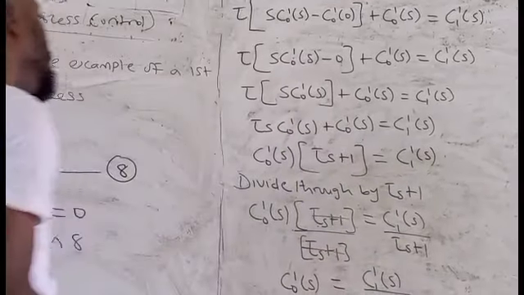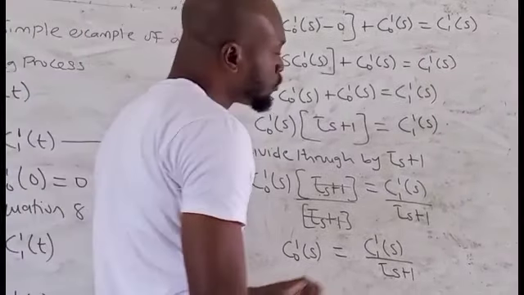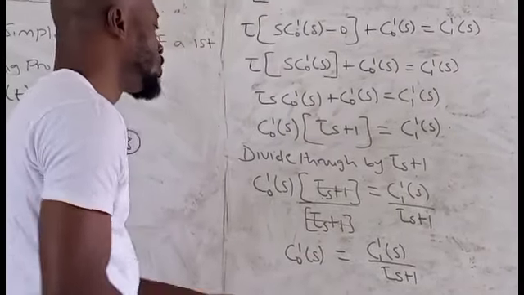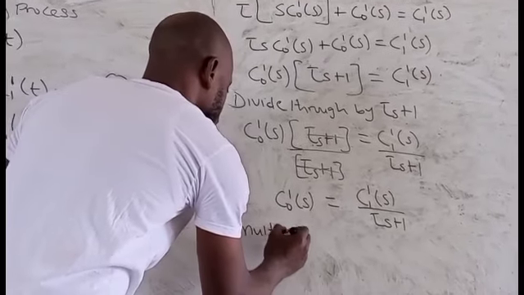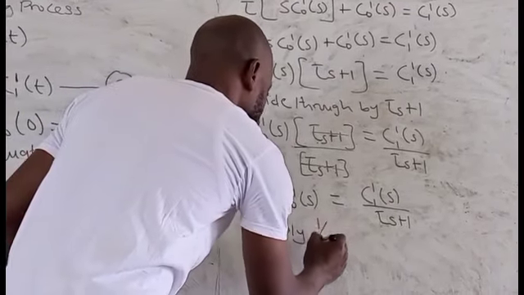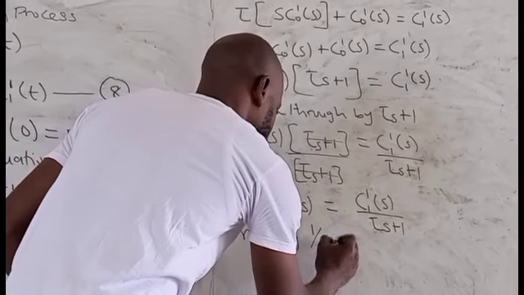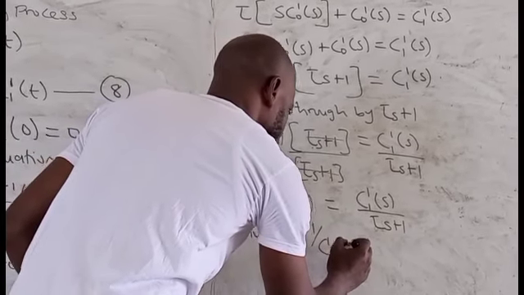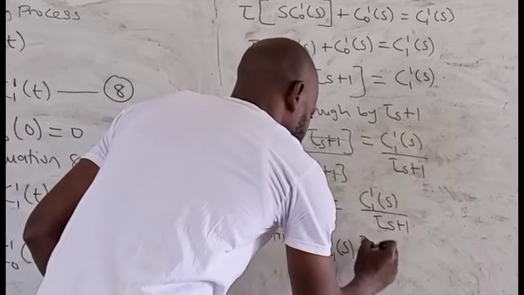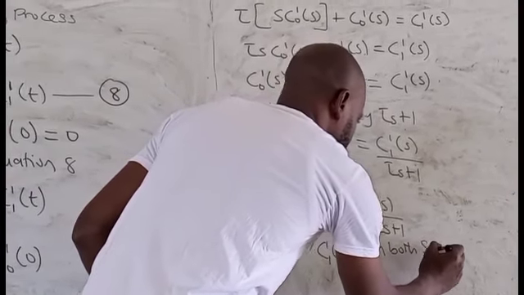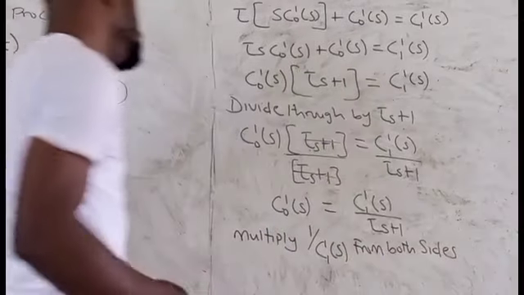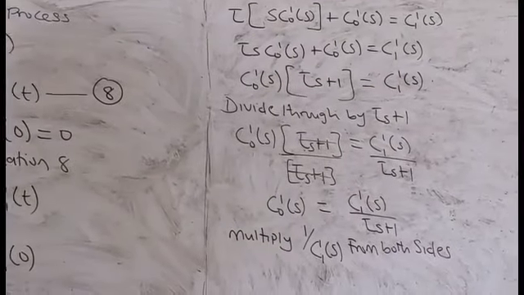The next thing I'm going to do, because I want to obtain an equation, is multiply 1 over C1'(s) from both sides, that is, the right-hand side and the left-hand side.